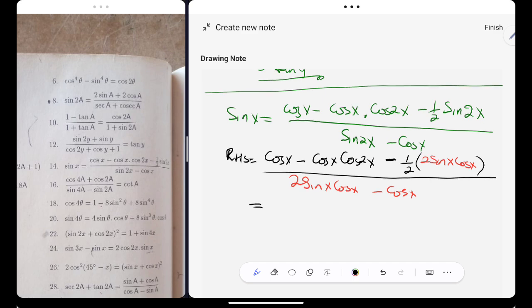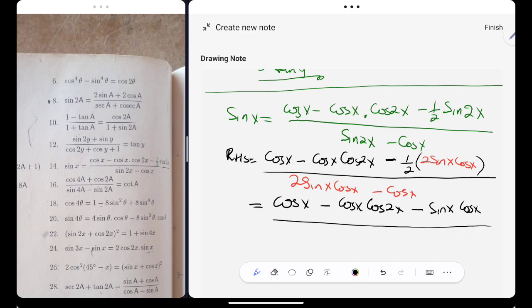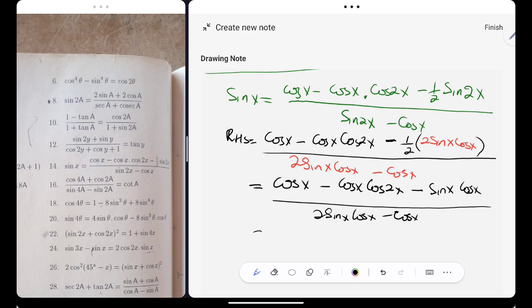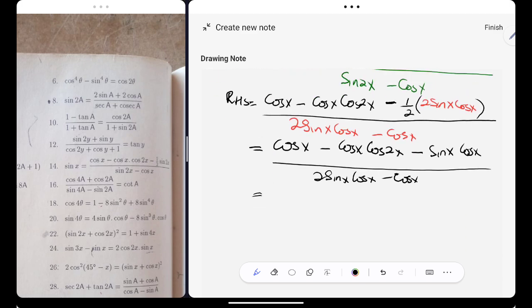Okay, and then at the top, I'll have cos x minus cos x times cos 2x minus sine x cos x, all over 2 sine x cos x minus cos x. I can see a common factor there at the top.